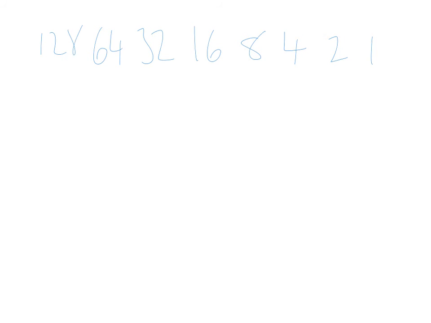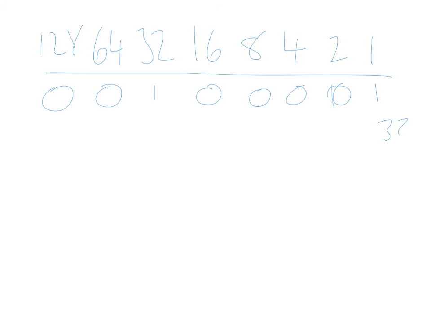And the other problem we will have is when we try to take numbers like this. So we've got 33, that if we divide it by 2, we should end up with 16.5.